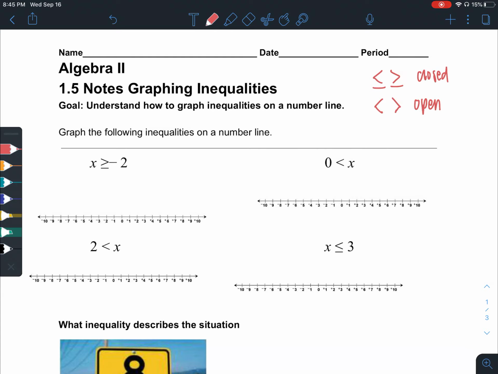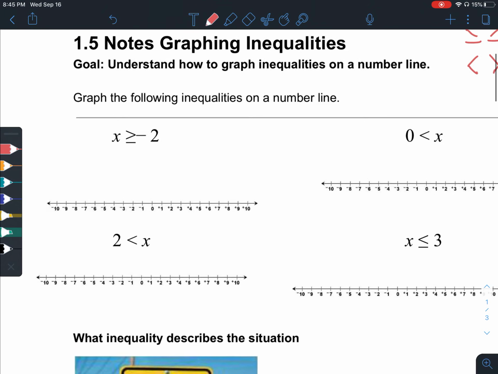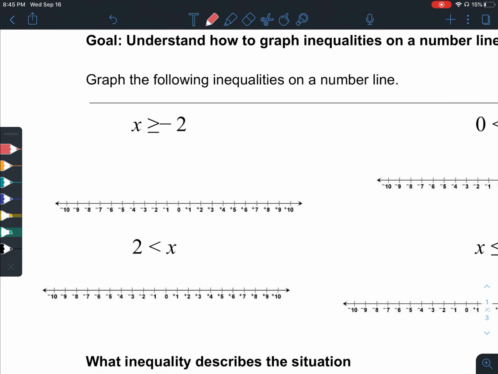So first we want to make sure that x is on the left. When x is on the left, it makes it a lot easier for us to graph. Okay, so first off here, I've got x is greater than or equal to -2. So I'm going to have a closed dot on -2, and since the arrow is pointing to the right, my arrow is going to go to the right just like that.